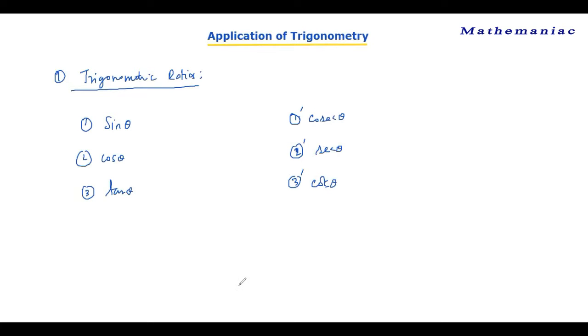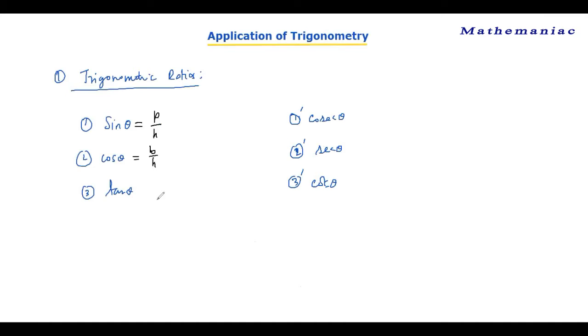So we have these total 6 ratios, and each of the ratios was defined with the help of the sides of a right triangle. Sine is P by H, that is perpendicular by hypotenuse.